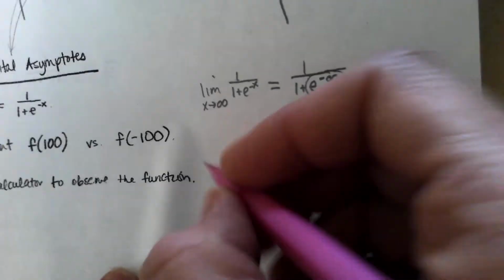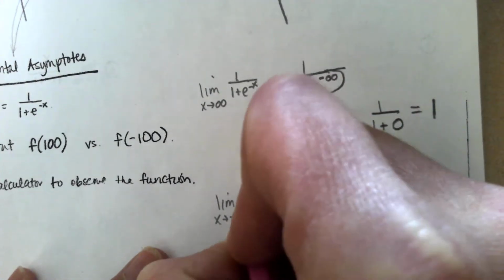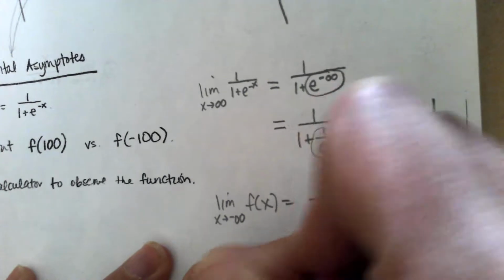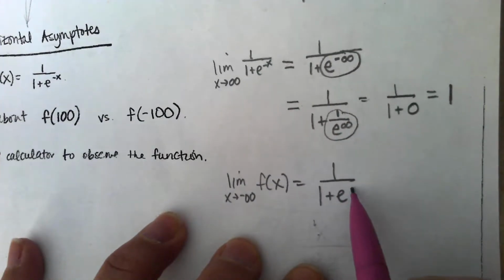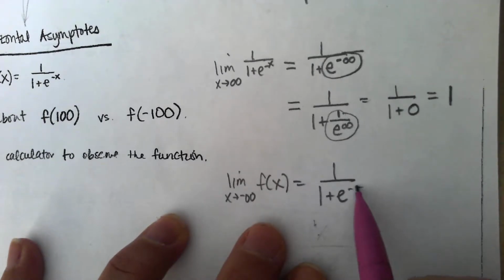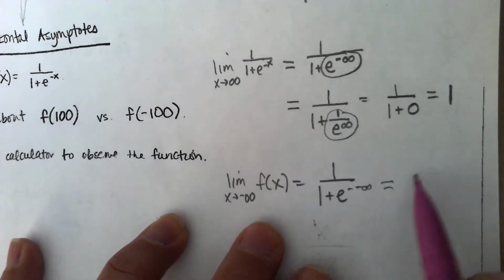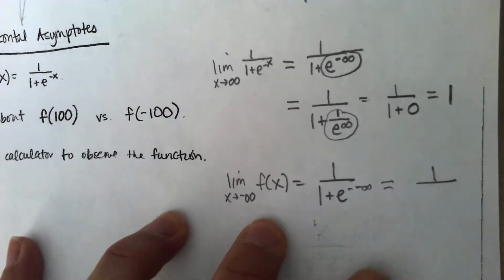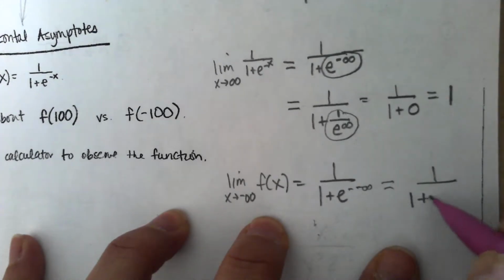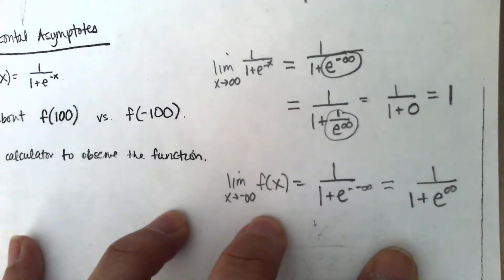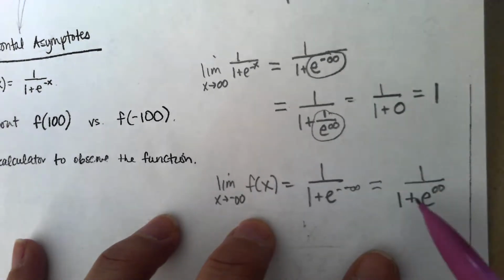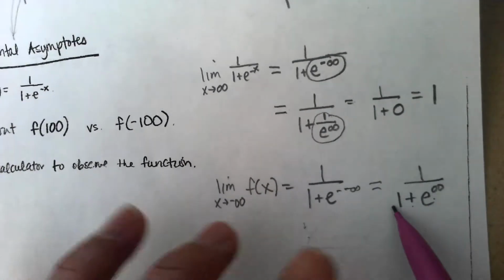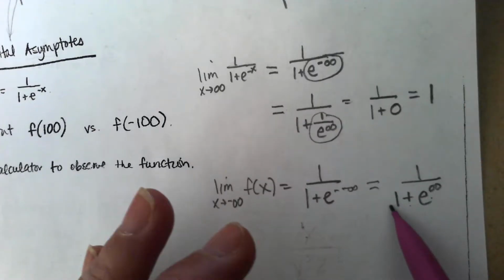Okay. So when I plug this in, 1 over 1 plus e, here's what Ryan was talking about. The negative that's a part of the function and the negative infinity that you plug in, yes, that double negative will become positive infinity. So 1 plus e to the infinity, which is a humongous number. And a humongous number plus 1 is still just a plain old humongous number.